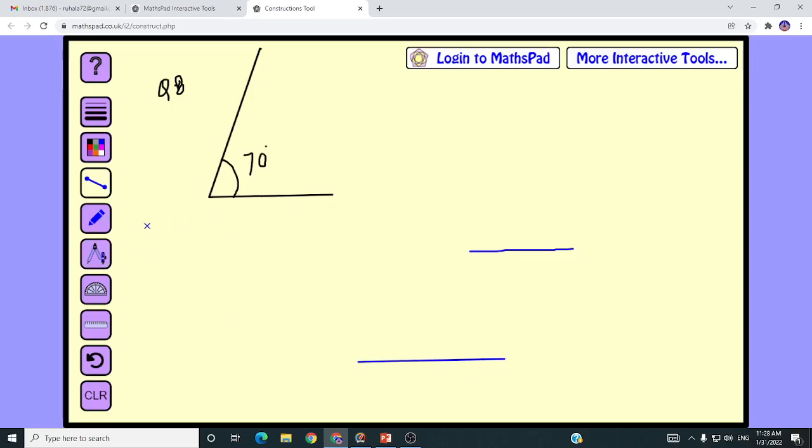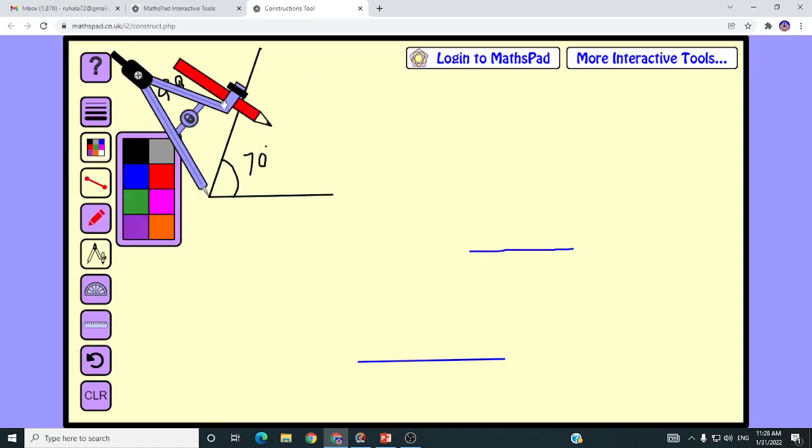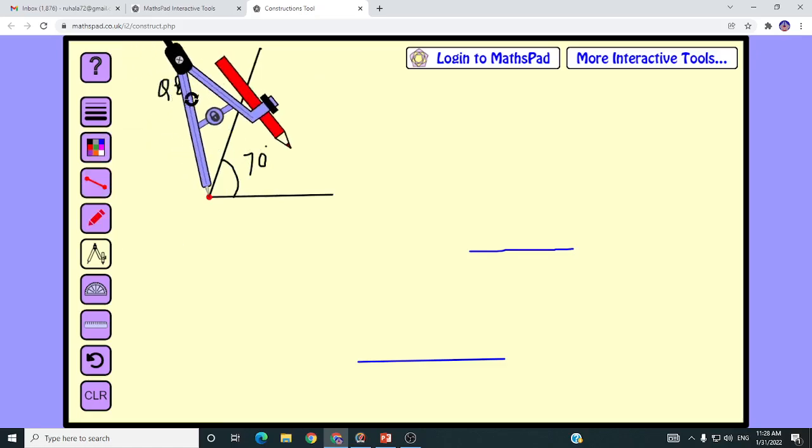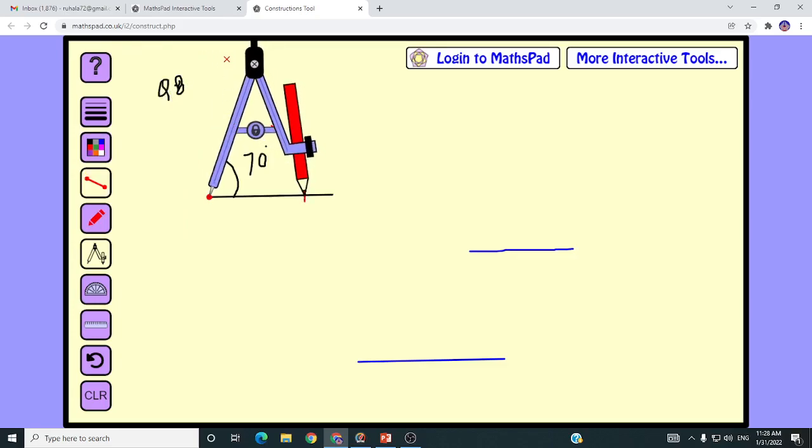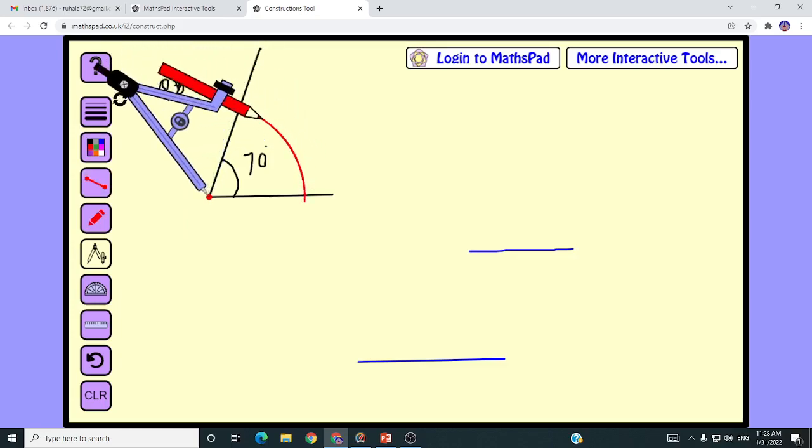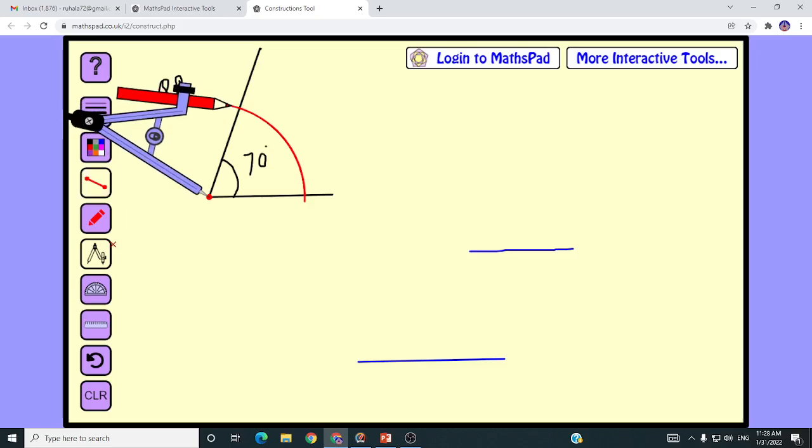Now take the compass and put it on the common vertex and make an arc with any radius. This is the straight edge PQ.